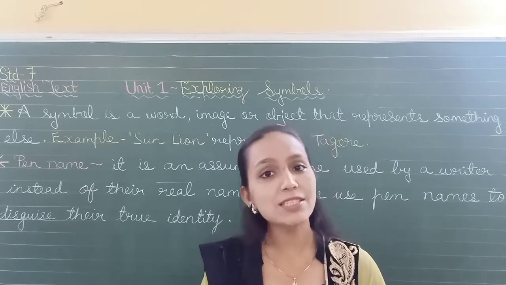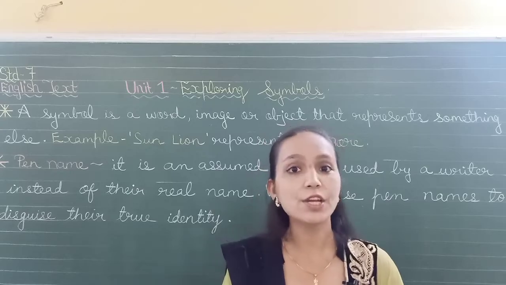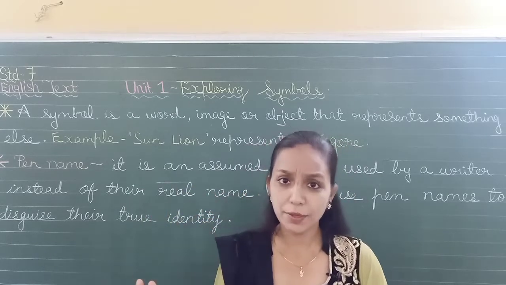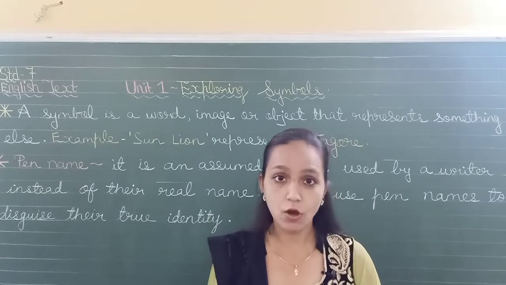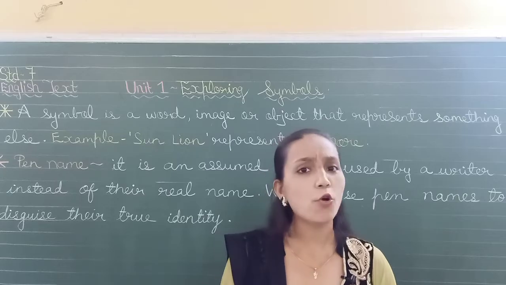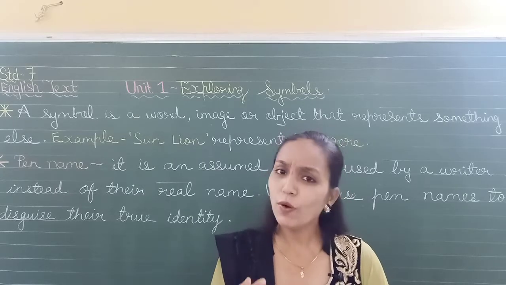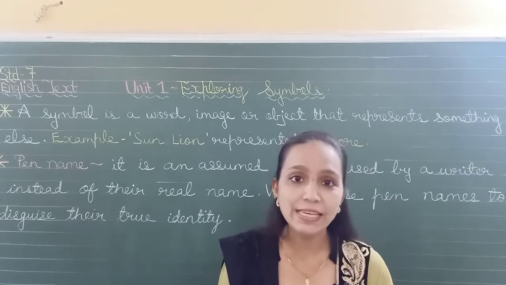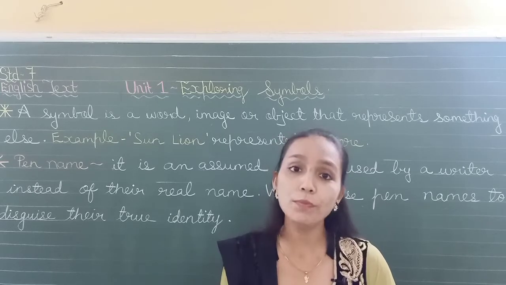Now Tagore was only 16 years old when he started writing poetry. So the readers at that time might think that at such a small age, his poems must not be good, so no one will read his poems. That is why he chose a pen name. A pen name is an assumed name.